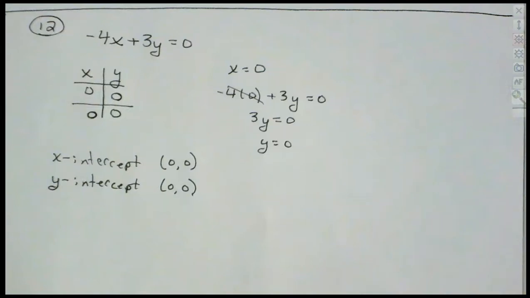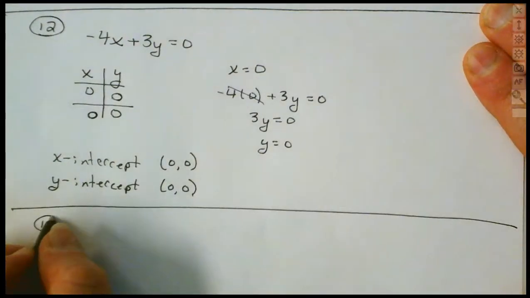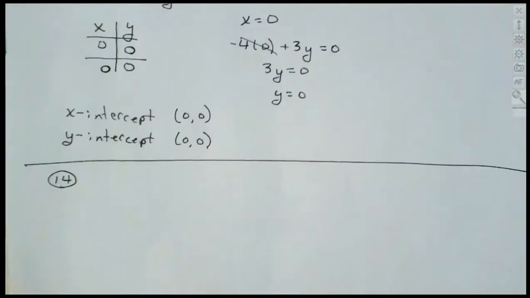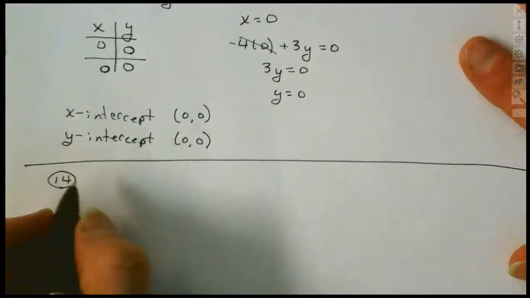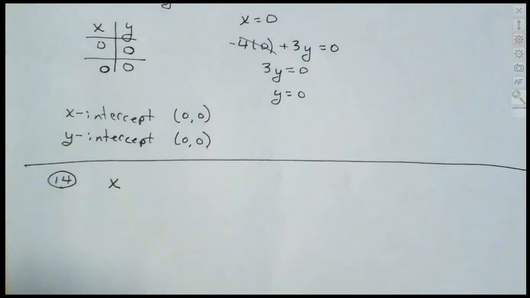One more out of this section, and then we'll look at 3.3, which is the slope. So 14 is the last question out of this section. And I picked this one just because of the fractions. So we need to go ahead and graph this line.